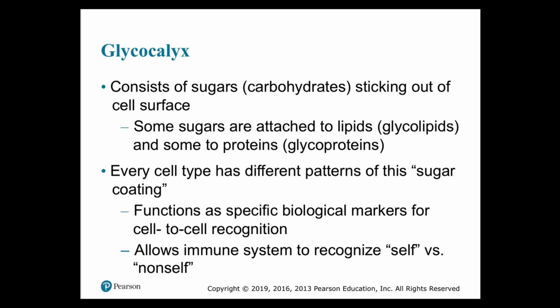And the body's immune system can recognize its own membrane glycoproteins and glycolipids as self rather than as foreign or non-self. This recognition system keeps your immune system from attacking your blood cells while still enabling it to recognize and destroy foreign blood cells should they appear in the bloodstream. Other functions of the glycocalyx are lubrication and protection.